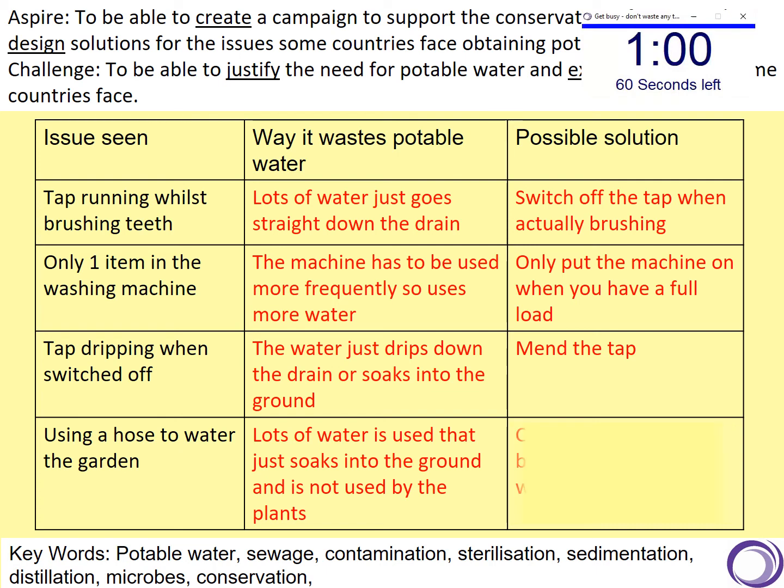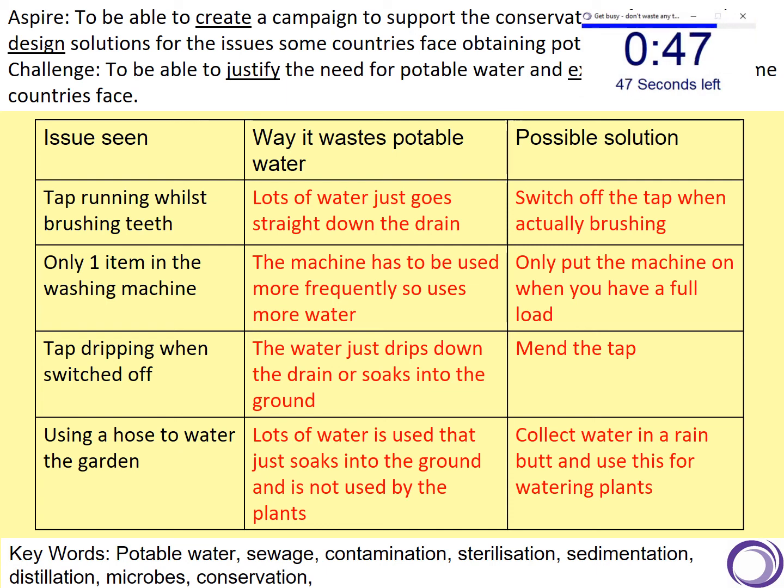So the simple solution to that is to collect rainwater in a rainwater butt and use that for watering the plants. You could also use a watering can, and then you're a little bit more precise as to where that water goes. So those are the kind of things that we can think about for conserving water in this country, where we do have a plentiful supply of it at most times of the year.